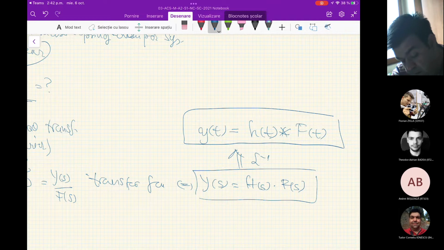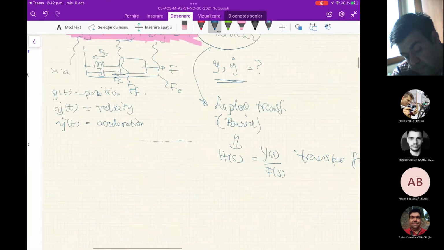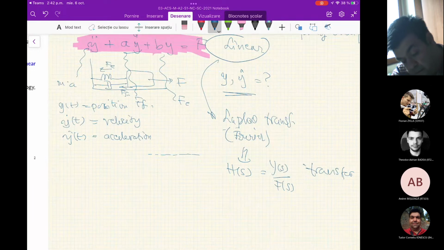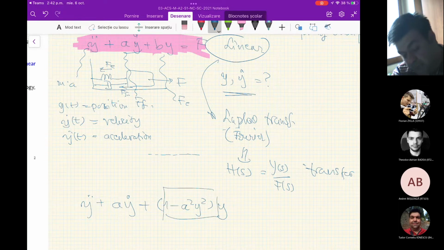Convolution is linear. Transfer function, this is a linear operation. What happens in the nonlinear case? So if you have the oscillator, let's say that the friction is still linear, but you have a nonlinear function instead of the b coefficient here.